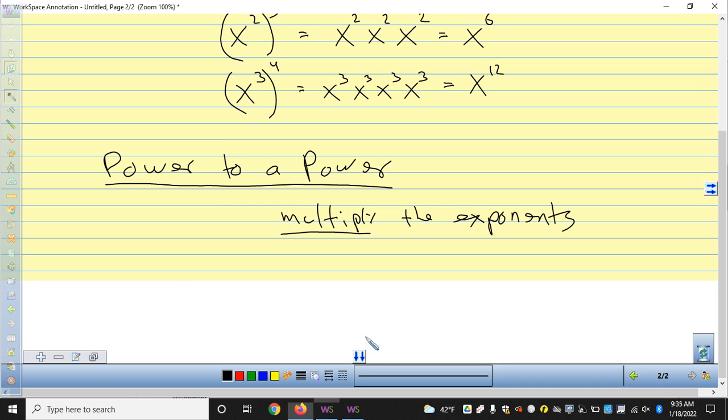And the way we write that in symbols is a to the m raised to the n power is a to the m times n. And I don't know why, but in pretty much every textbook I've ever seen, when we talk about these exponent rules, they use m and n. I don't know why that is.